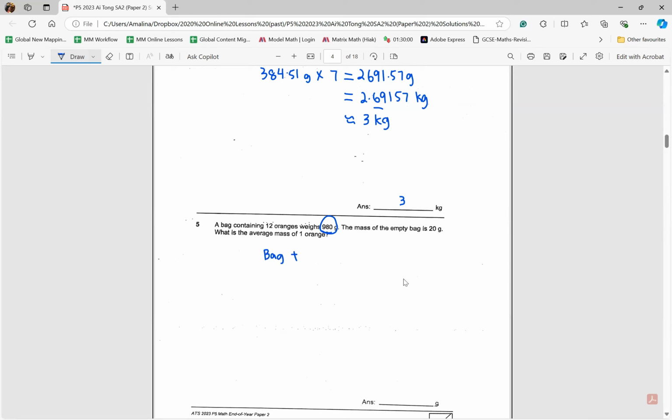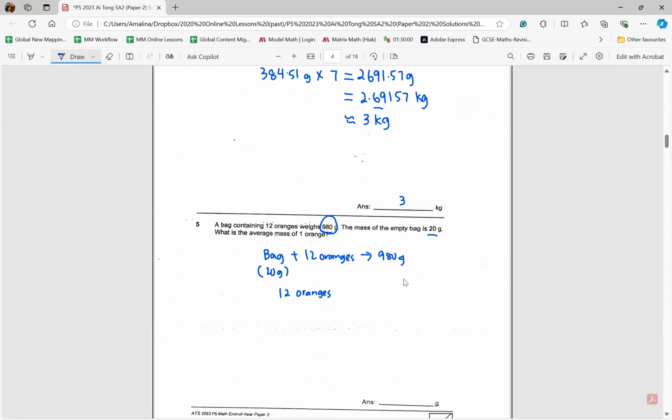So bag plus 12 oranges is 980 grams. Okay, the mass of the empty bag is 20 grams. So if I know that the bag is 20 grams, I will minus off to find the mass of my 12 oranges.